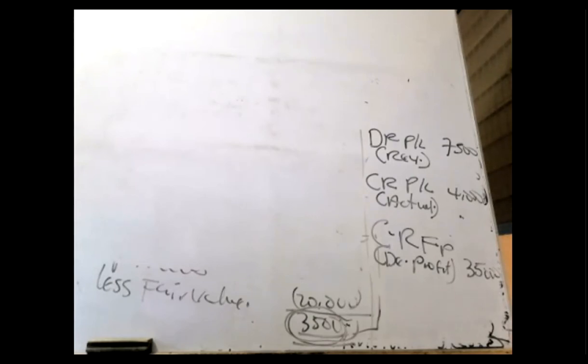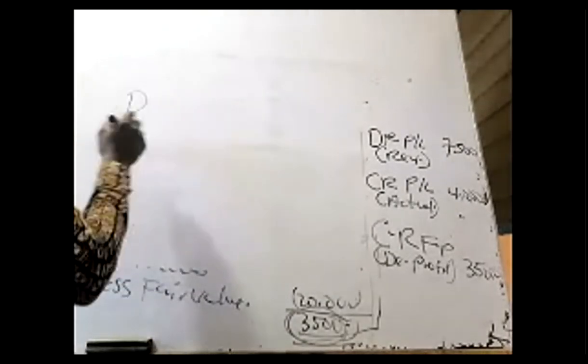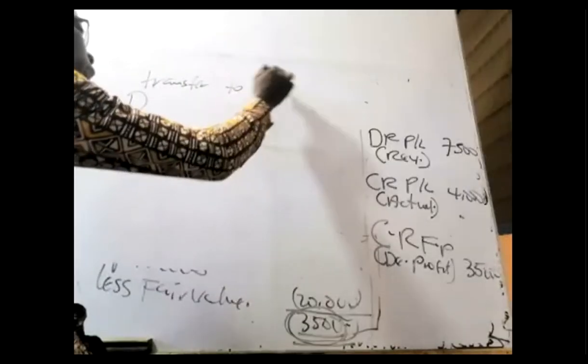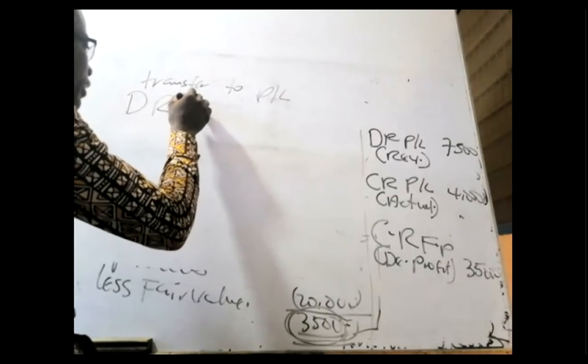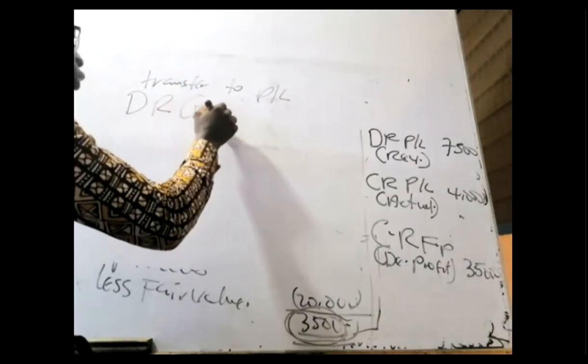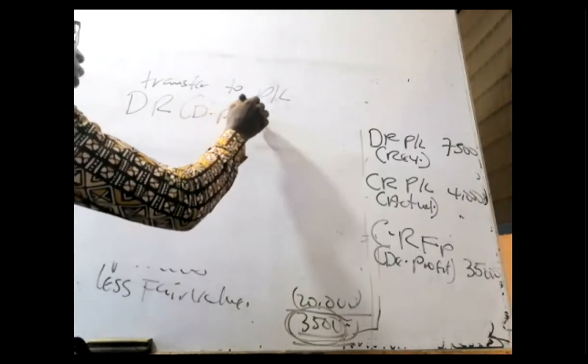Now we take it from deferred income and transfer it to the P&L. So debit your deferred income or deferred profit.